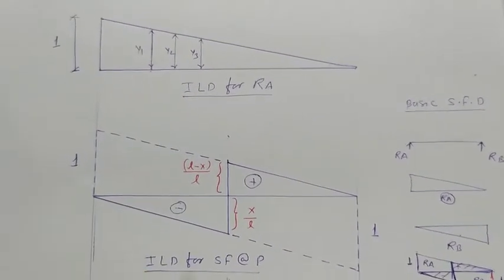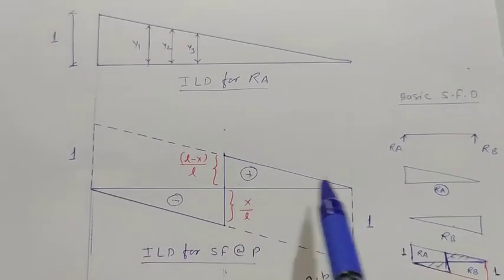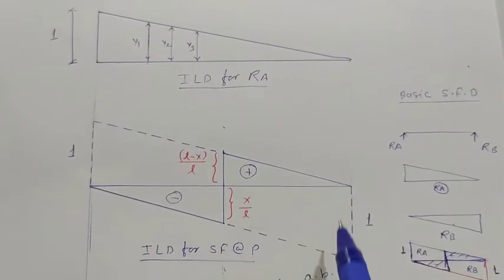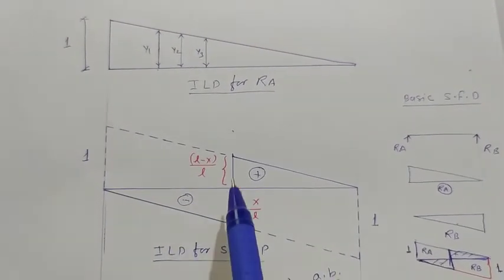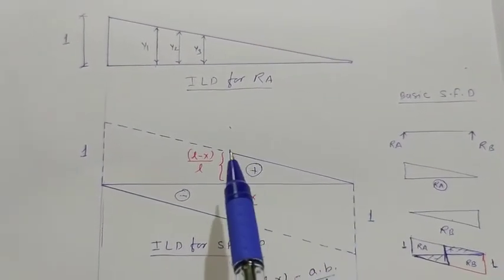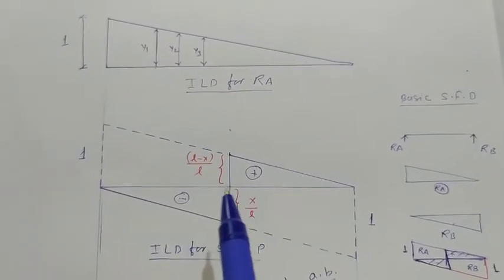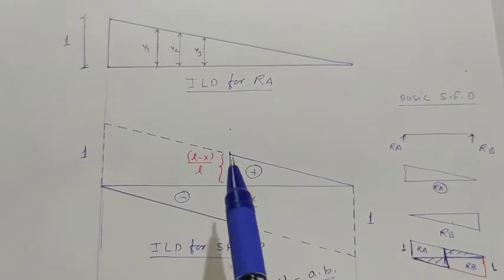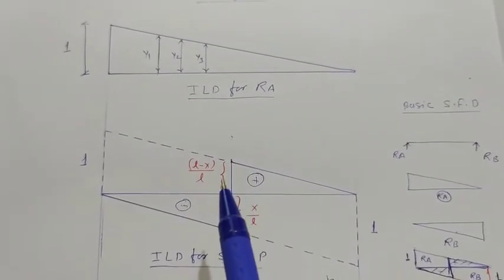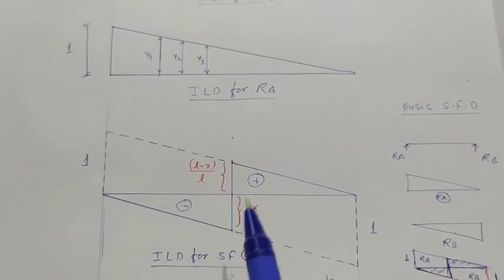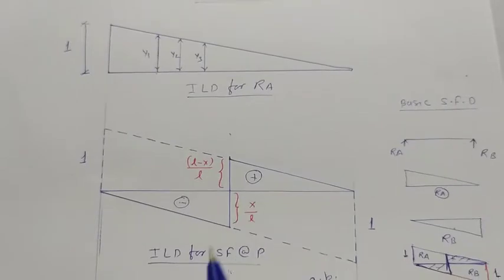This is 1, this is also 1, this is the triangular diagram of Ra and this is the triangular diagram of Rb. So I just draw this diagram and make this dotted. So my original diagram is only this one. So I want to find out the ordinate, this one and this one. This is the positive ordinate and this one is the negative ordinate.